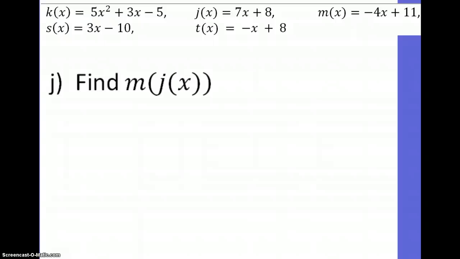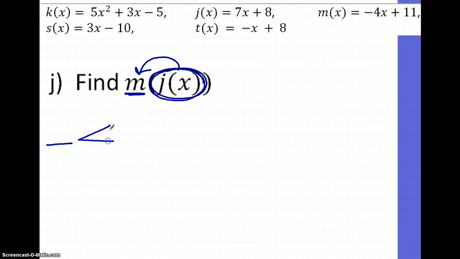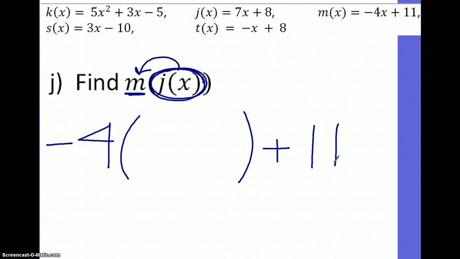But this one says that I'm going to put all of J into the function M. So I'm going to write out M, M is on the outside, so I'm going to start with M. I'm going to write out M, but I'm going to leave an open spot for X. So there's M. And so now in that spot, I'm going to put all of J of X. So that's 7x plus 8.